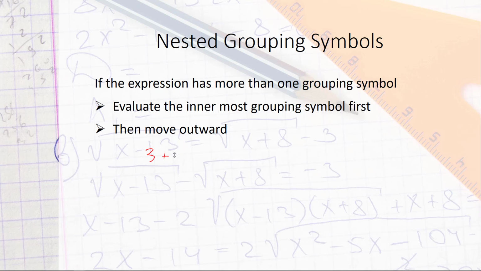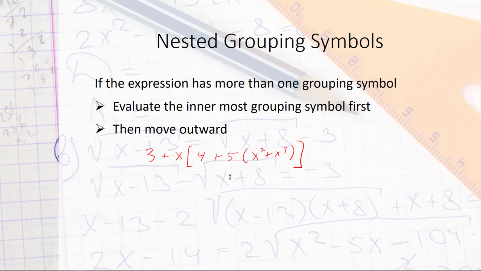As an example, take a look at 3 plus x times 4 plus 5 times the quantity x squared plus x cubed. Okay, well, first we want to deal with the innermost grouping symbol, which is this right here.